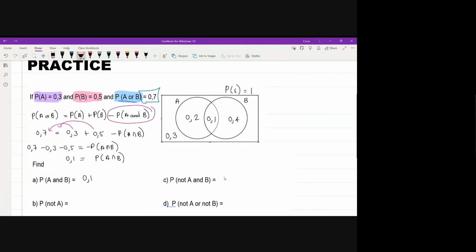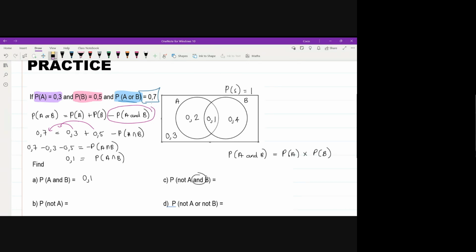When we're calculating the probability of A and B, oh, that's an ugly way to put it. My maths professor would kill me.